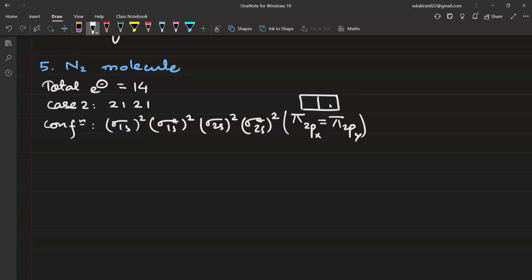So we have 8 electrons filled. How much is remaining? 6 is remaining. 7th electron, 8th electron, 9th electron and 10th electron. This will be 2 and 2 obviously.